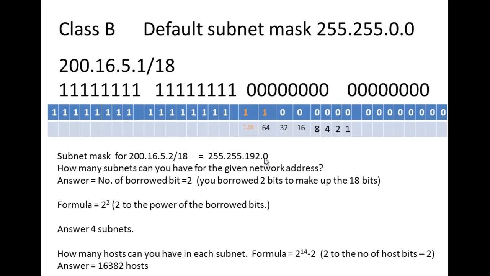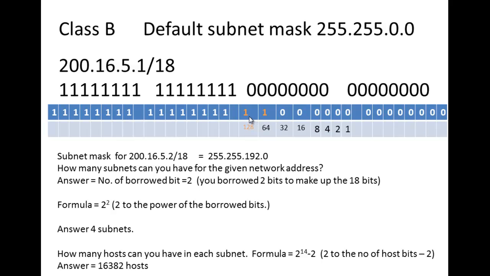Of course, you can always use the table, which I will give you after we've looked at the calculations. If you can memorize the table, then you will remember that 2 bits will be 192. 3 bits will be 224. But I'll give you that a little later. I want to make sure that you understand how to work out the number of bits so that you would get the subnet mask.